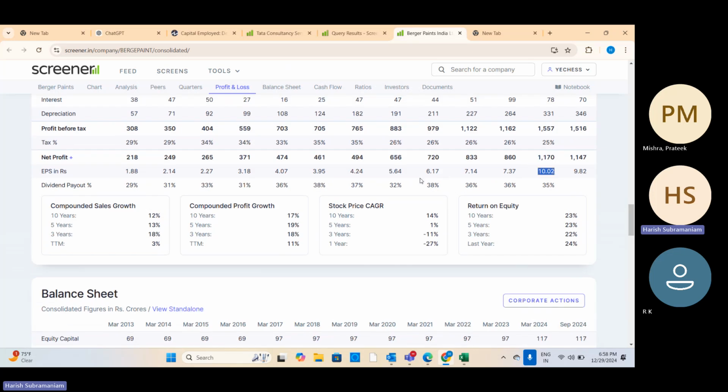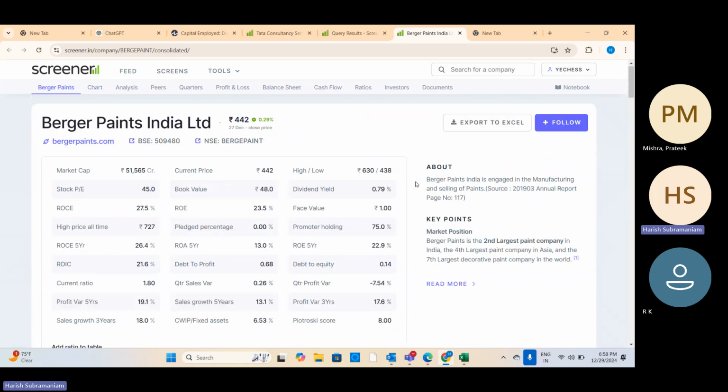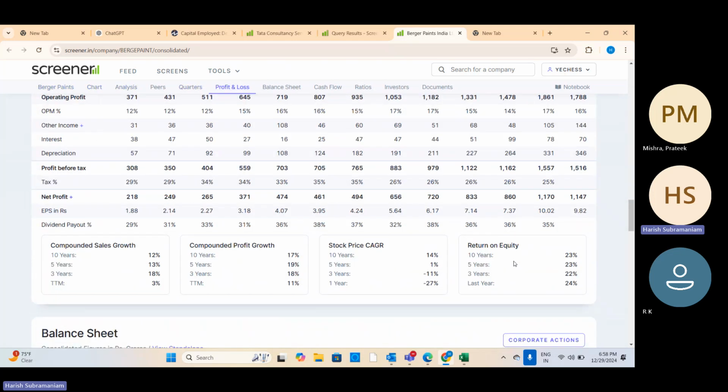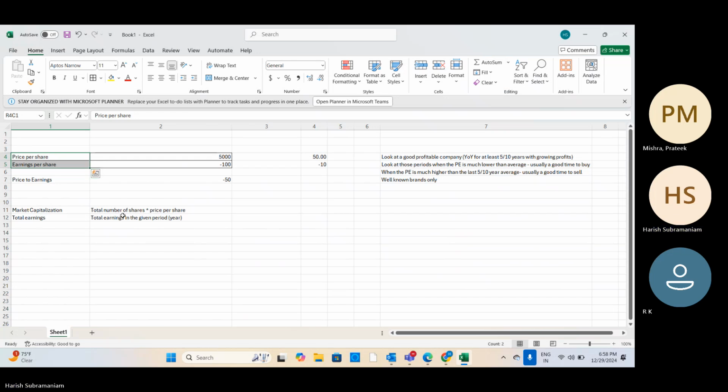The same thing is also equivalent to the market cap, that is 51,565 crore, by 1,170 crore. Both are one and the same. Taken for a previous year, given on that particular date, let's say on March 31, we compare both of them at the same time, and that will give us the same price to earning ratio.